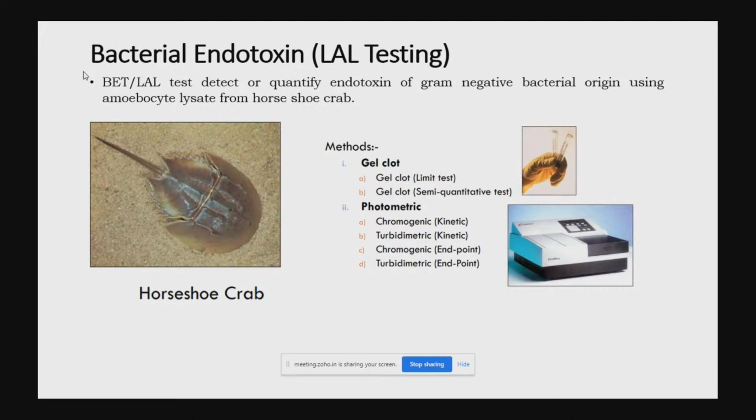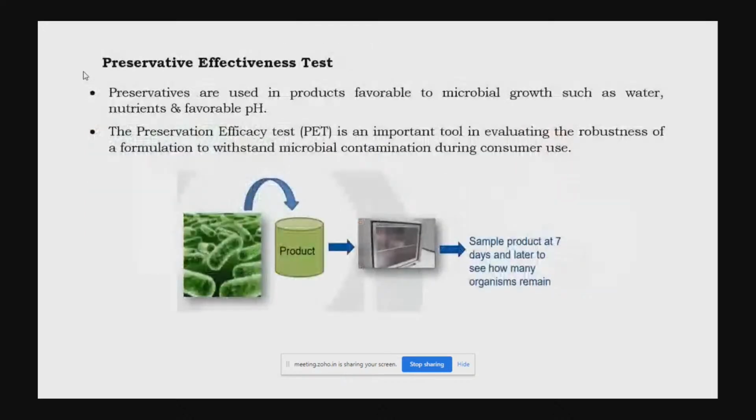If gel formation is there, it indicates that the product is contaminated with endotoxin, and if gel formation is not there, it indicates that the product is not contaminated with endotoxin. In that way, we follow the endotoxin test in the industries.